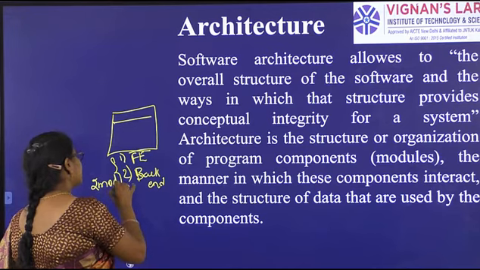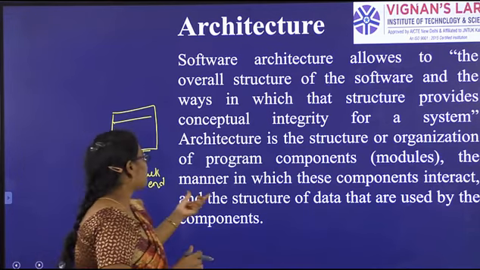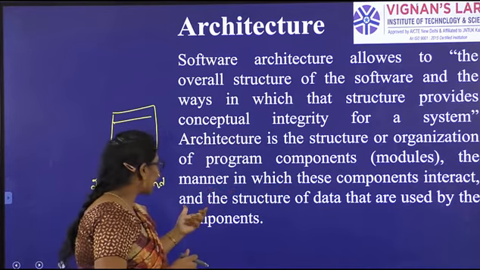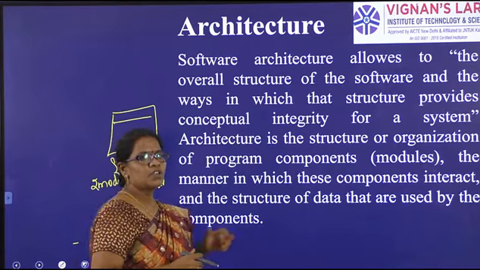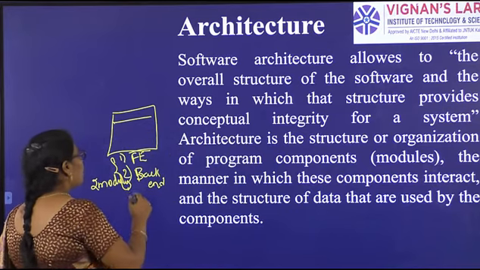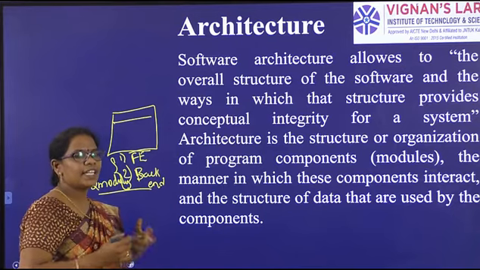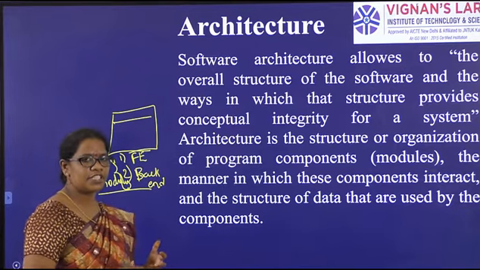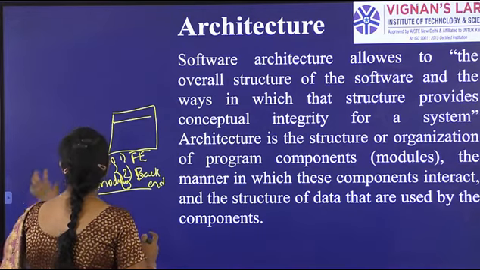That means dividing this work into units. These are the modules. The manner in which these components interact and the structure of data that are used by the components. So architecture is nothing but, what are the modules you have, and in those modules, how they interact with each other. For example, let us go for one example.